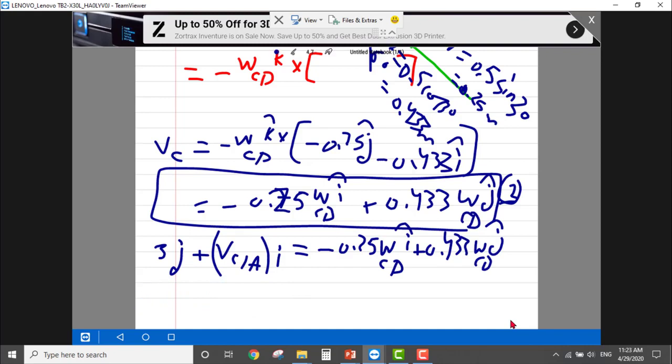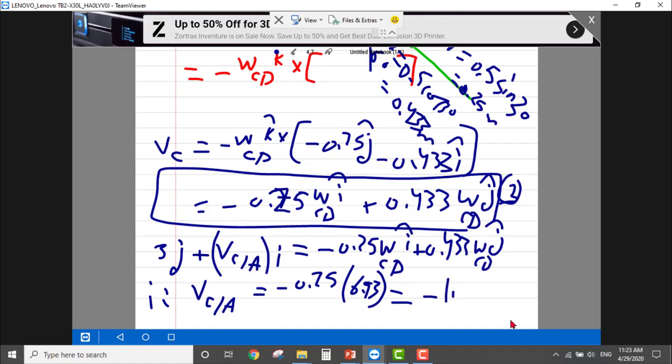Going to the other equation, equation I, we have VCA on one side and minus 0.25 multiplied by 6.93 on the other, and this is equal to minus 1.73, as we expect a minus sign.